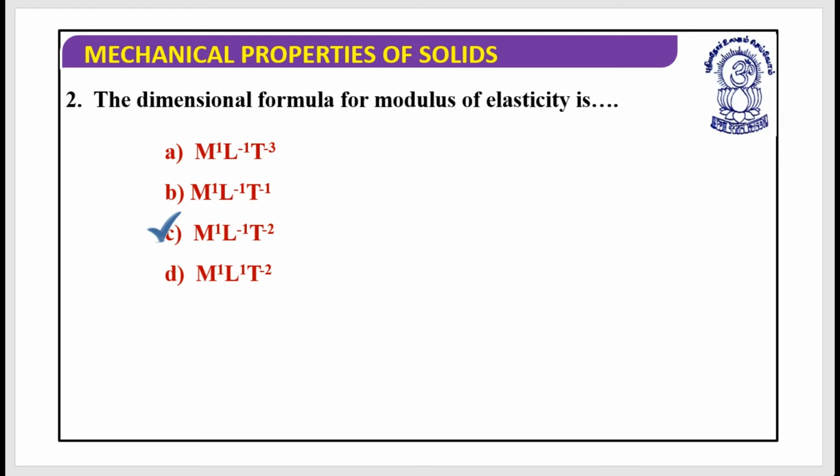Next, the dimensional formula for modulus of elasticity. It is the ratio of stress divided by strain. Stress is F by A, and strain is the change in length divided by the original length, which is dimensionless.